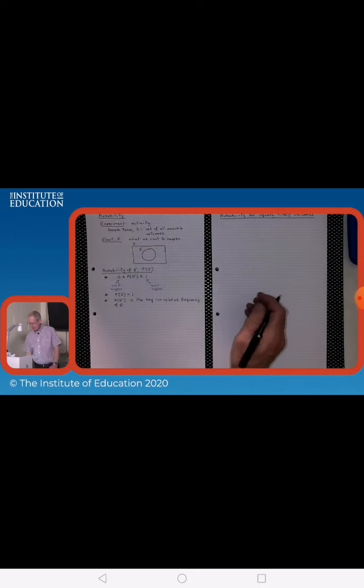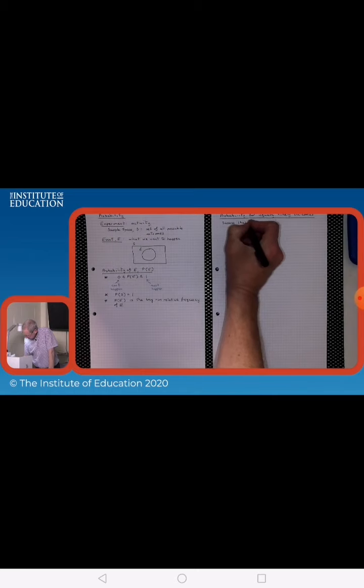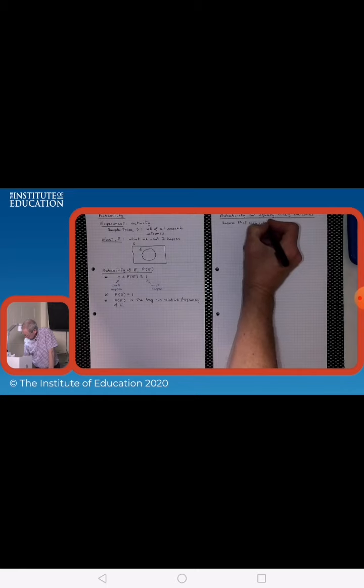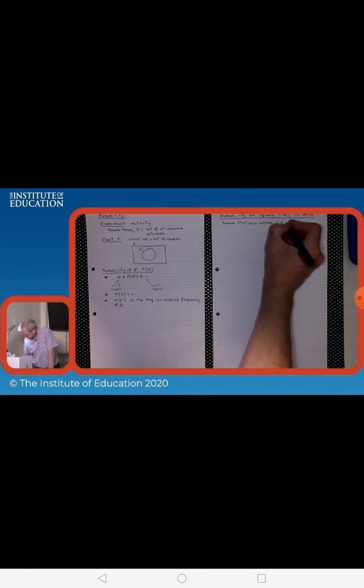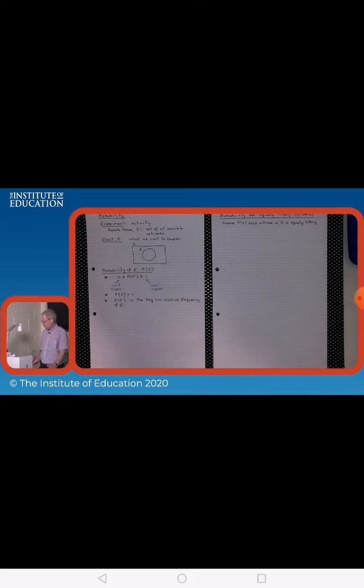I'm just going to say here to begin with, suppose that each outcome in the sample space S is equally likely. In other words, has an equal chance of occurring.